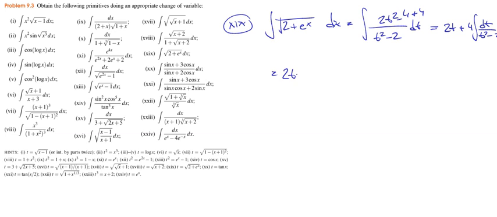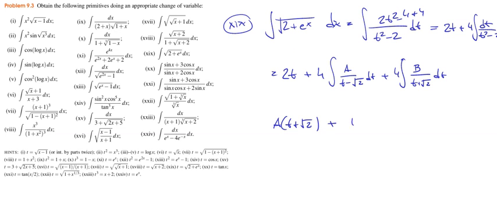This is equal to 2t plus 4 times the primitive of a over t minus the square root of 2 plus b over t plus the square root of 2 dt, right? And as usual, you can expand this and you get a times t plus the square root of 2 plus b times t minus the square root of 2 equals 1, or 4 if you want.